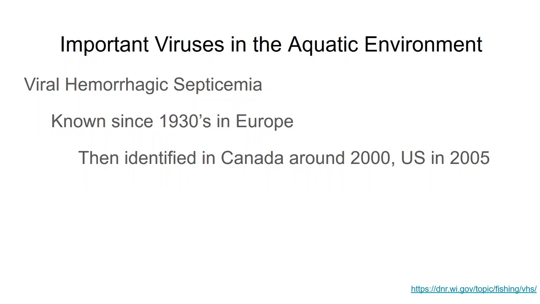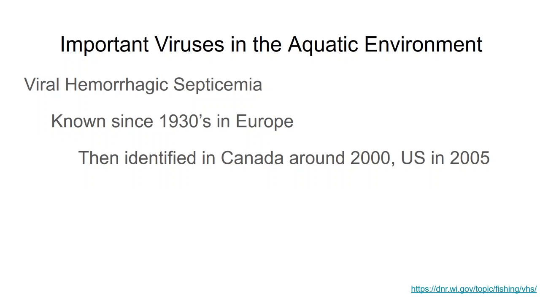Another way that viruses influence aquatic ecosystems, and in a way that's probably more familiar to a lot of us, are diseases like viral hemorrhagic septicemia. So this disease has been identified as a disease of fishes, and it was described quite a long time ago in Europe and has been tracked there.